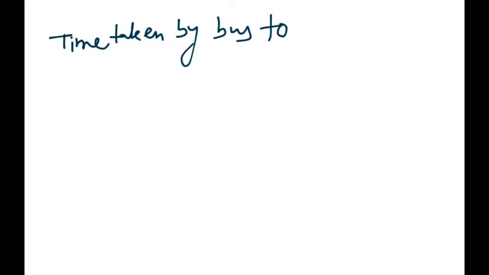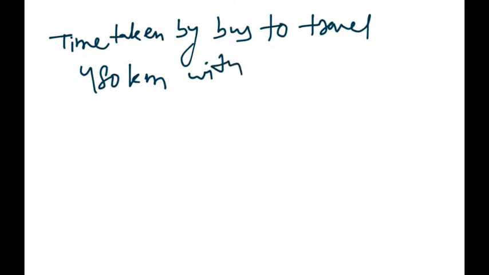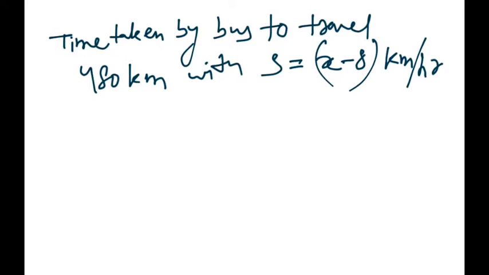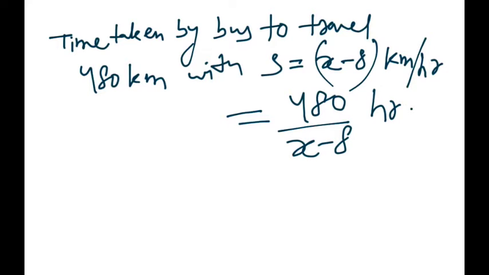The time taken by the bus to travel 480 kilometers with speed equal to x minus 8 kilometers per hour is equal to 480 by x minus 8. Right, so this is pretty simple.